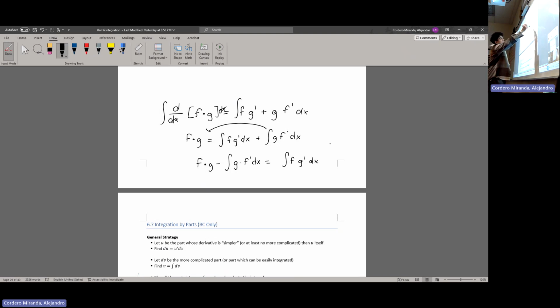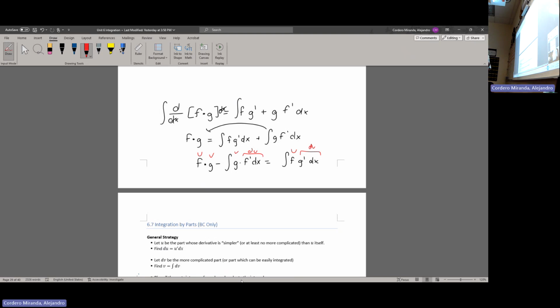If you think of f as u and g prime dx as dv, then you would get uv minus the integral of v du. So that's where the formula comes from.